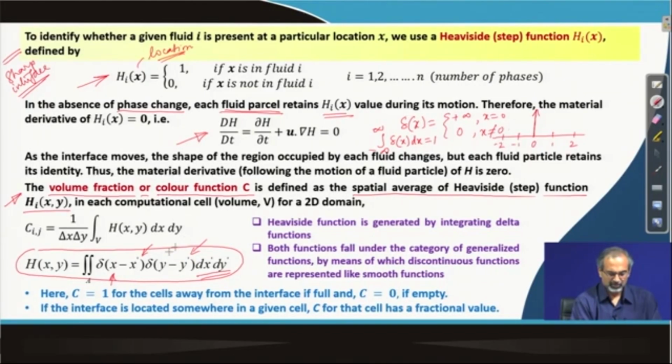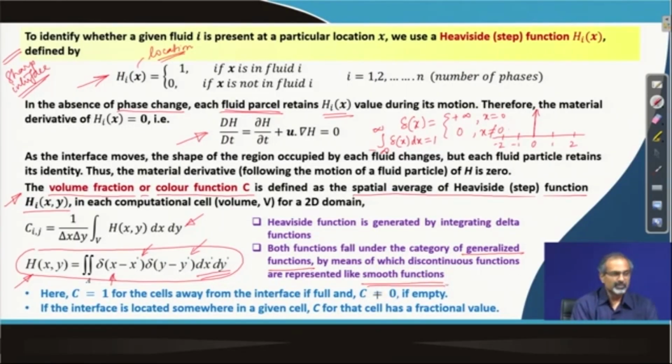So, you are using such delta functions here and integrating, and that gives you the Heaviside function in 2D, and that you are spatially averaging in order to give you the so called volume fraction or color function C. And remember that Heaviside function or delta functions, they fall under the category of generalized functions, and these functions are used for discontinuous functions, with these functions discontinuities can be represented in a smooth manner.